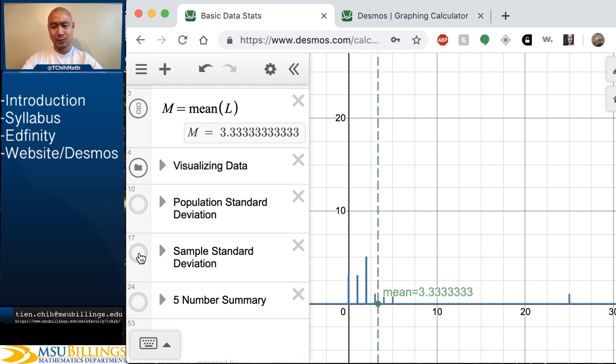One, that doesn't really seem like a good mean, right? After all, if I ignore this data point out here, this isn't really in the center of my data, right? Most of my data is over here, and it's only because of this 25 that my mean is so high.